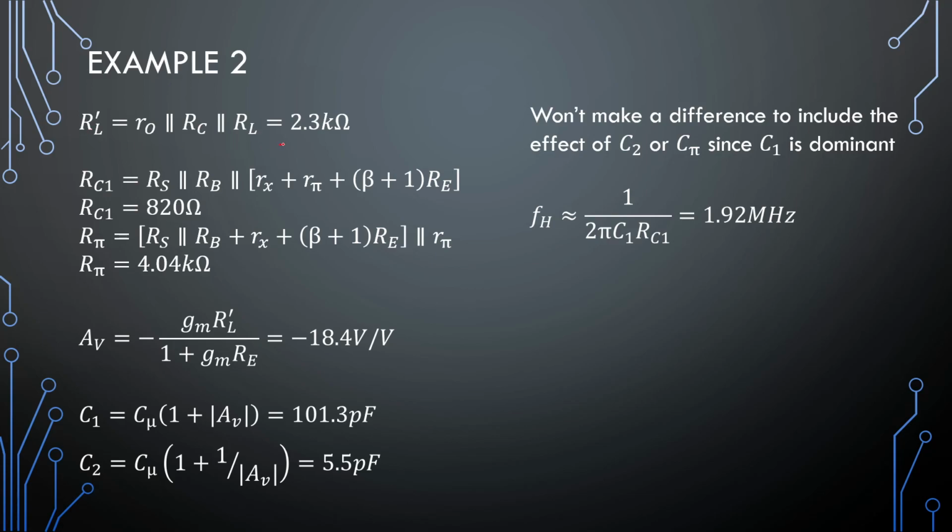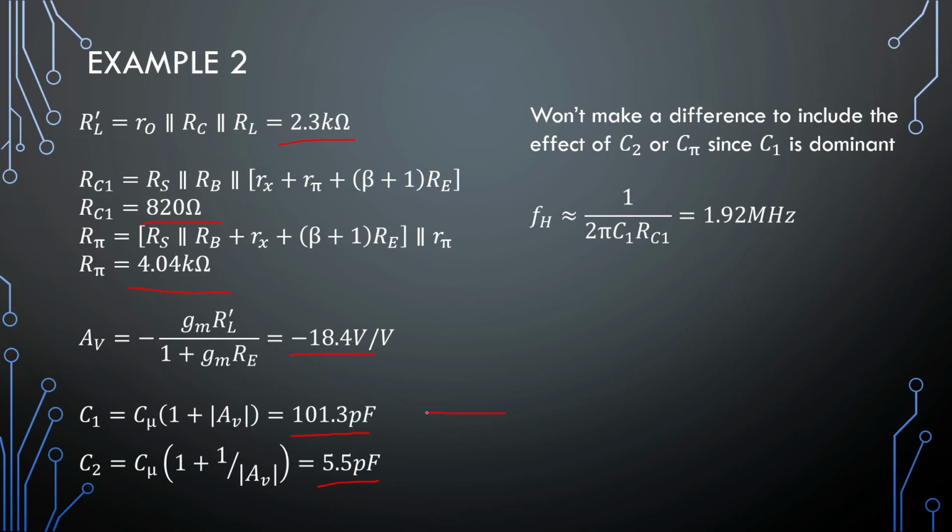Now, R load prime is 2.3 kilo ohms. If we calculate RC1, we get 820 ohms, and if we calculate R pi, we get 4.04 kilo ohms. Calculating the gain, we get 18.4 volts per volt. And calculating C1, we get 101.3 picofarads, and C2 is 5.5 picofarads.